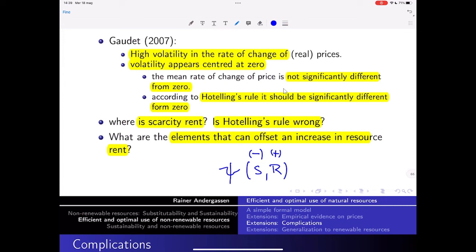But as prices get higher, isn't it also because the resource gets scarcer? Yes. On the one side, the price gets higher because of scarcity. This is true.